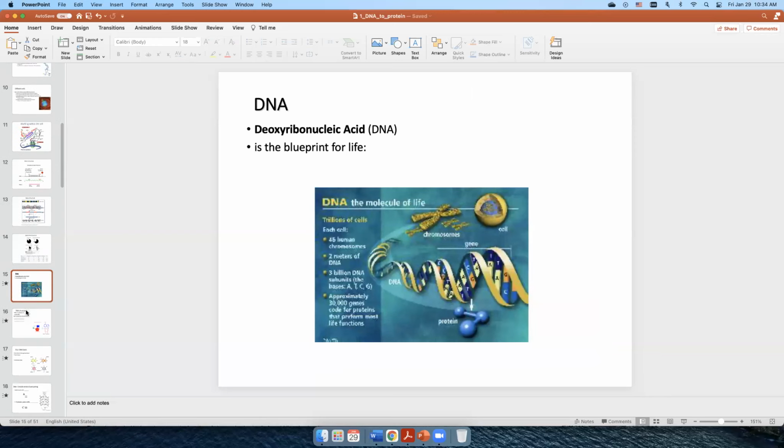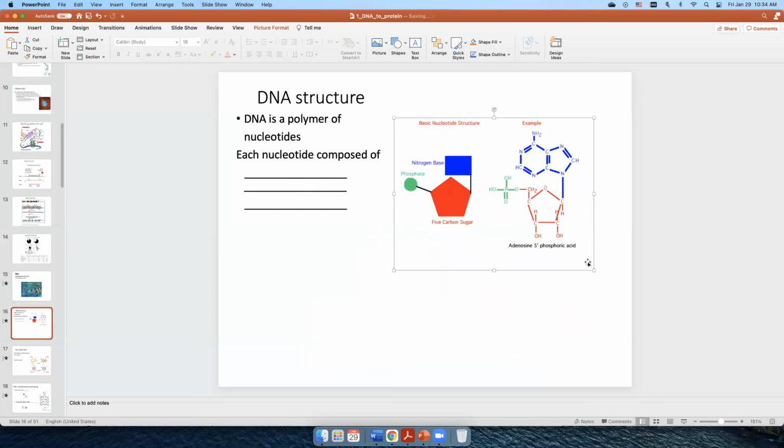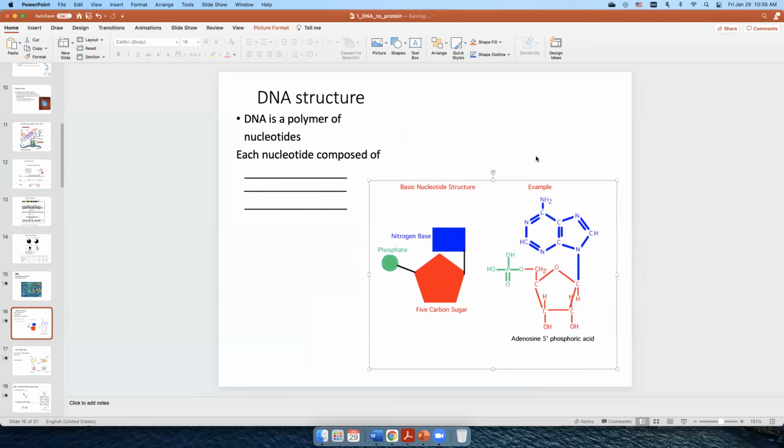Okay, so here let's see the structure of DNA. This is the structure of DNA. I suppose everyone has learned at least some basic ideas of what is RNA, what is DNA, what is protein. So DNA is a polymer of nucleotides.